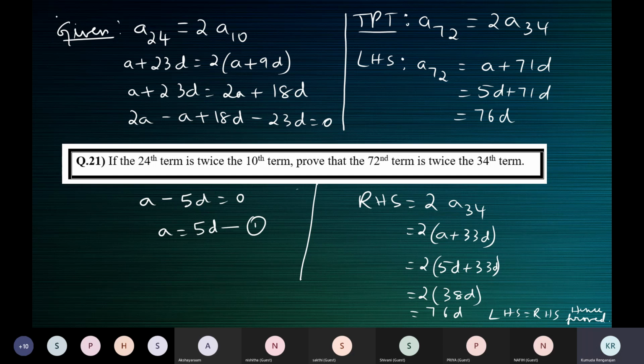Work the given first, work this one first, and then this part.